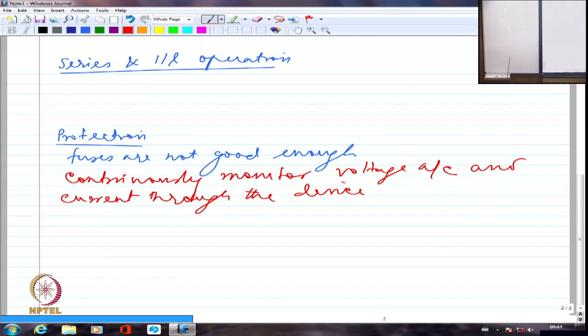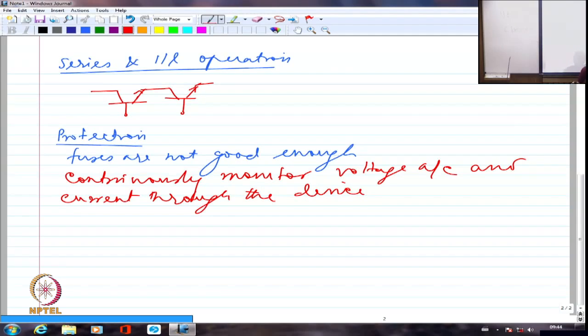So if they are not exactly matched, and I put two transistors in series like this, this is also an NPN transistor, this is also an NPN transistor, and I am giving base drive independently for each of them, although I have designed them in a similar manner, if one of them turns on first, the other one has to essentially bear the brunt of the entire voltage.